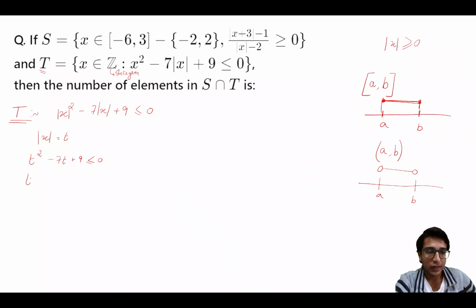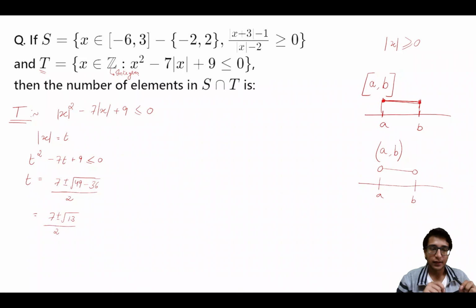So what can I say about t? t can be equal to minus b plus minus root under b square, 49, minus 4ac. So this becomes 9, 4 9s are 36, upon 2a. So from here this would become 7 plus minus root under 13, by 2. So since it is plus minus, and we have an inequality here.